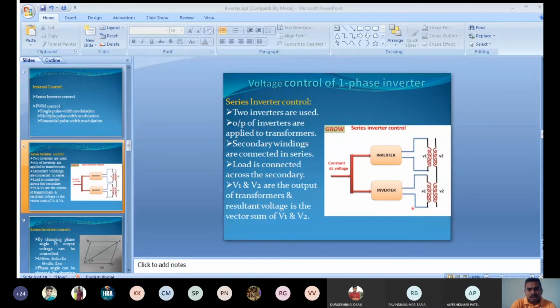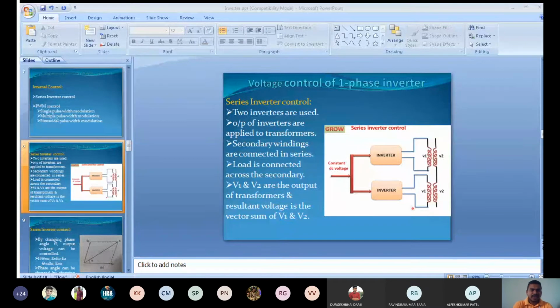Look at this block diagram here. One carrier signal is taken and one reference signal is taken. These carrier signal and reference signals are given to the comparator. The function of the comparator is to compare the two signals and generate the error.